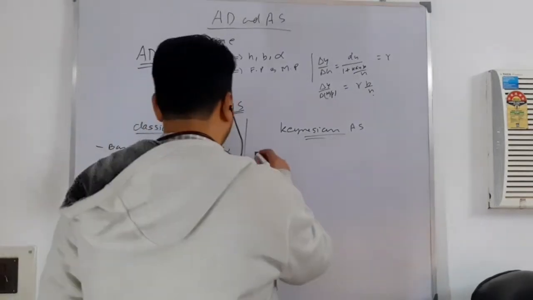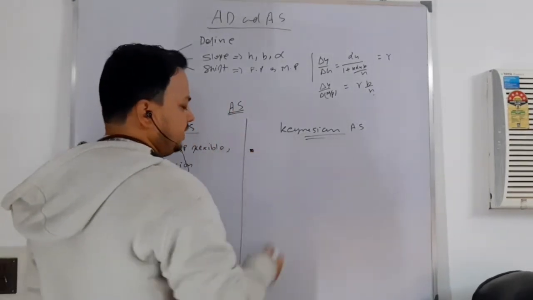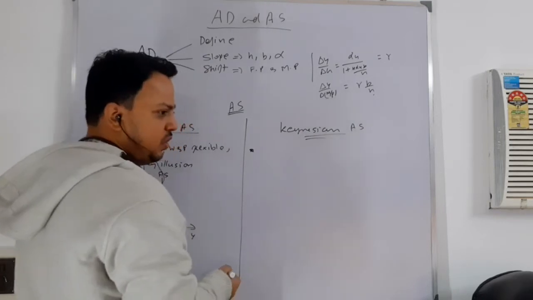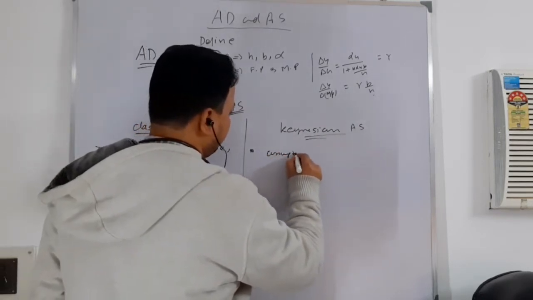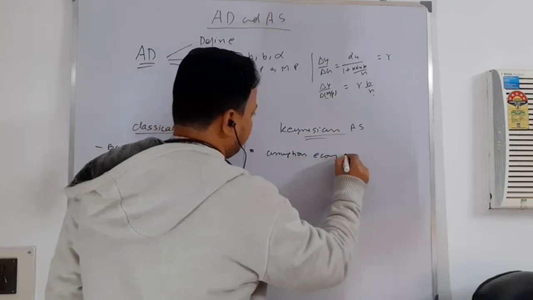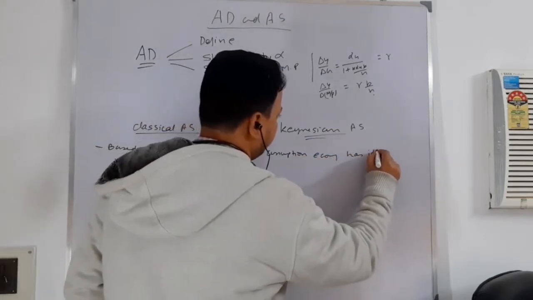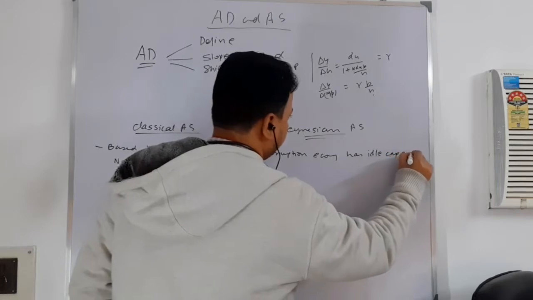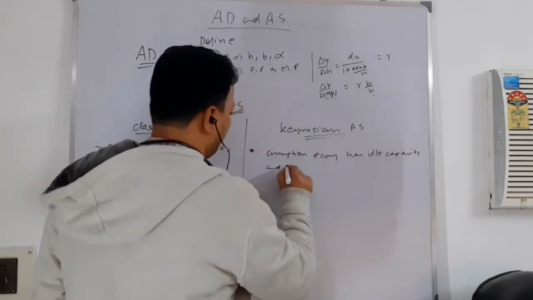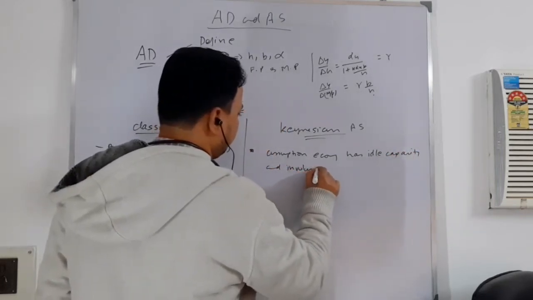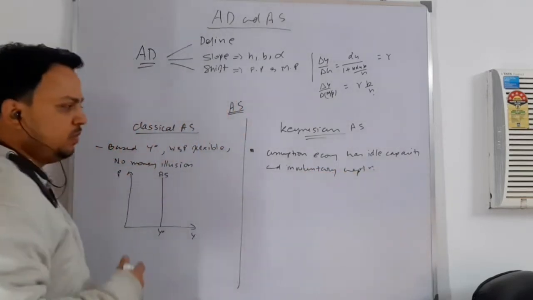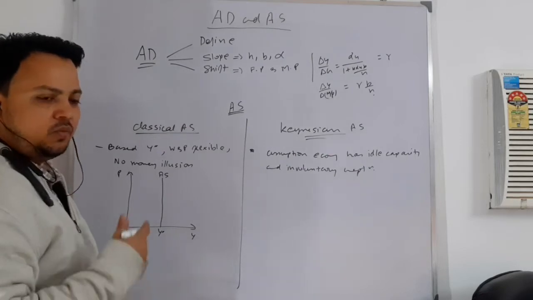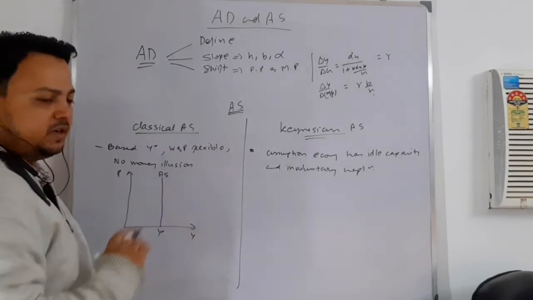In the case of Keynesian aggregate supply, if you remember, we have idle capacity. The assumption is that the economy has idle capacity and involuntary unemployment. That means the economy can produce, or a firm can produce, as much as it wants at the given price level.